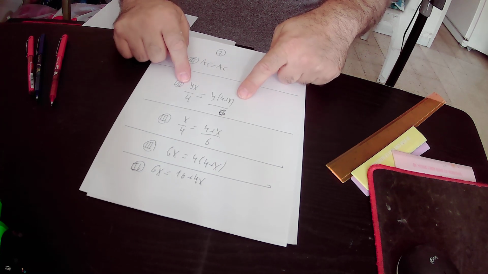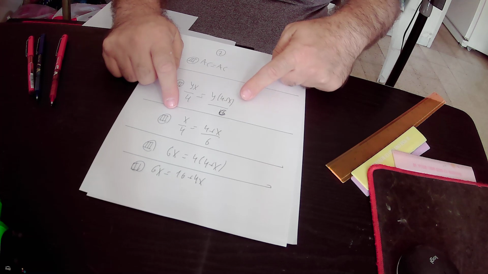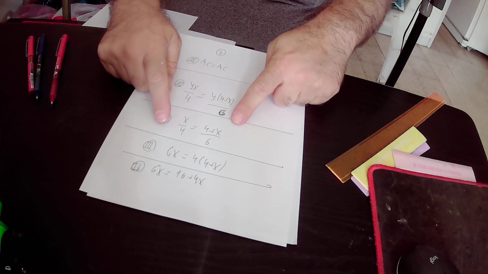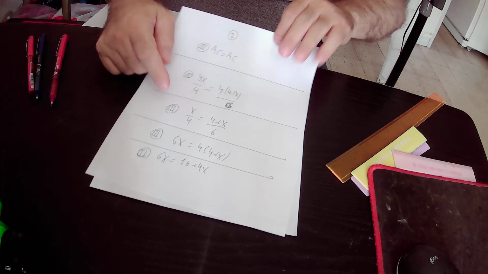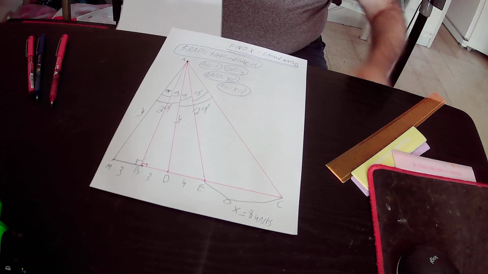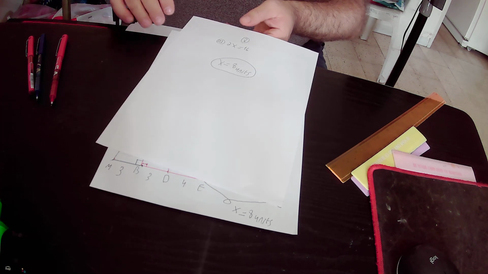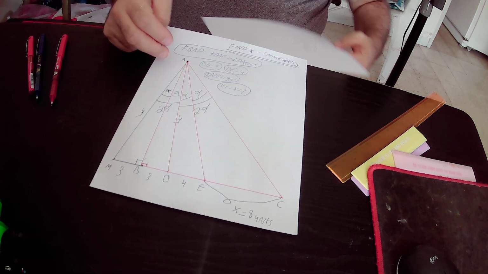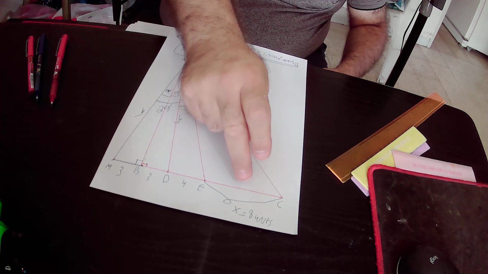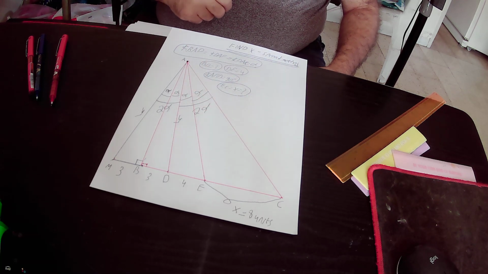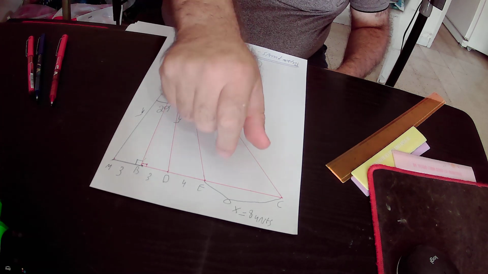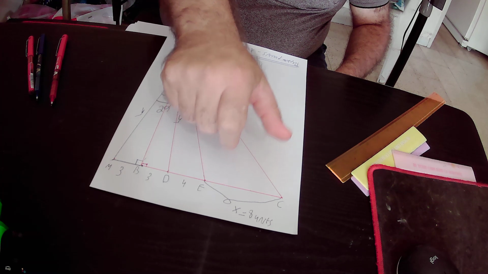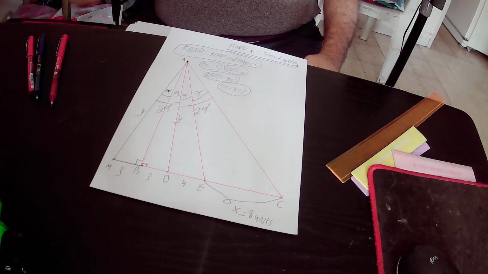We got this equality and divided it by Y. Now we have only one variable missing, and we found the value of X. We found that X equals 8 units. So in both methods we found that the value of EC, that is X, is equal to 8 units. Okay? Thank you very much.